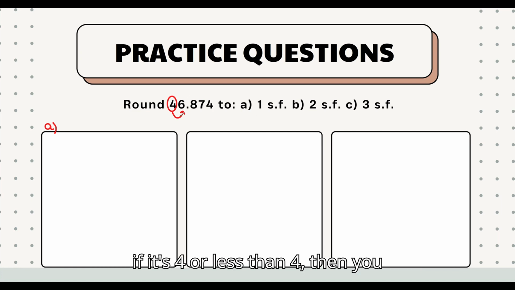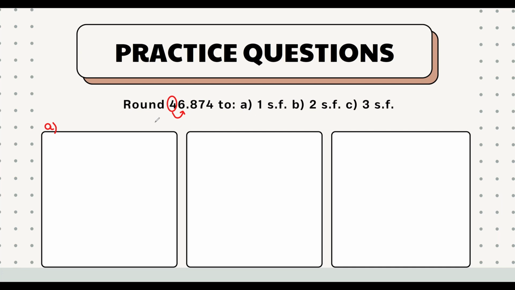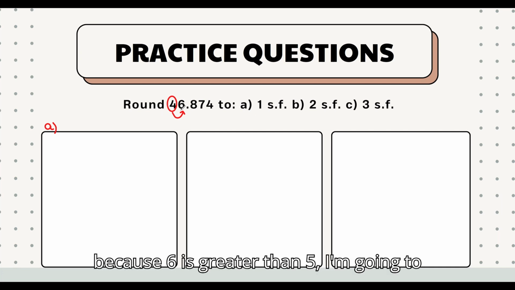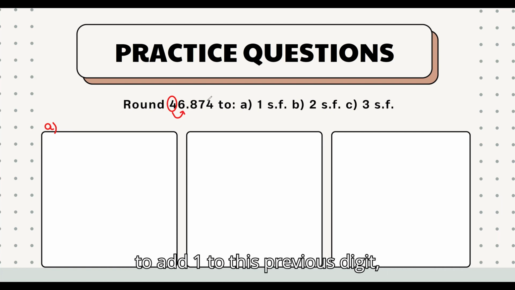However, if it's 4 or less than 4, then we round down. Now, rounding up just means adding a 1 to its previous digit. So because 6 is greater than 5, I'm going to round up, meaning that I'm going to add 1 to its previous digit, which is 4.